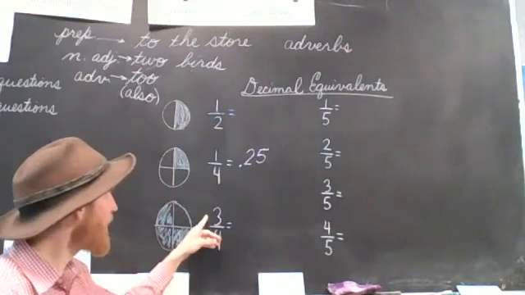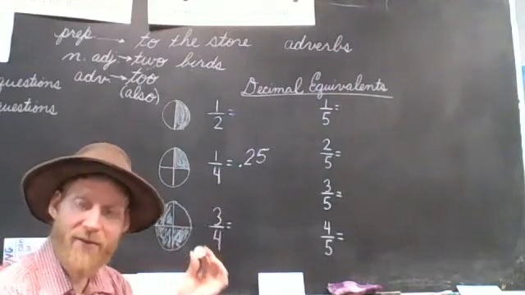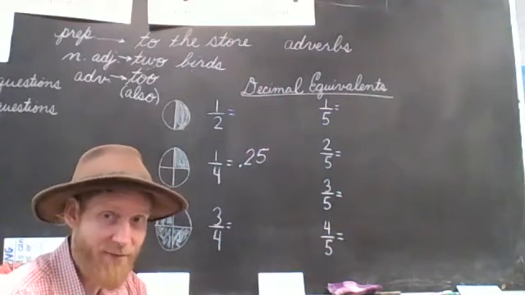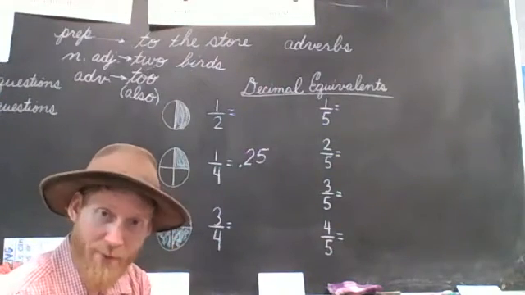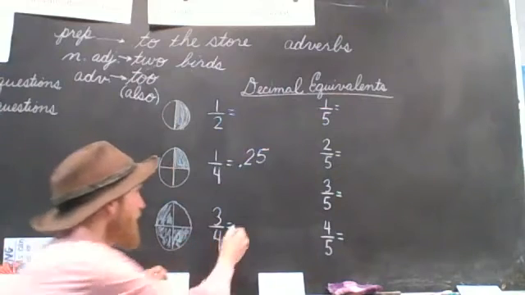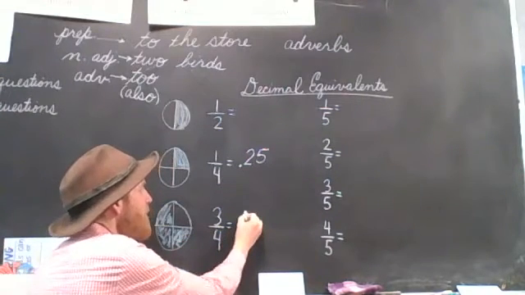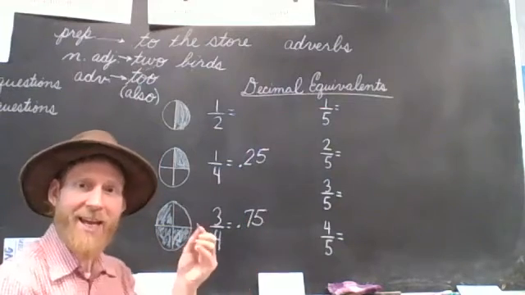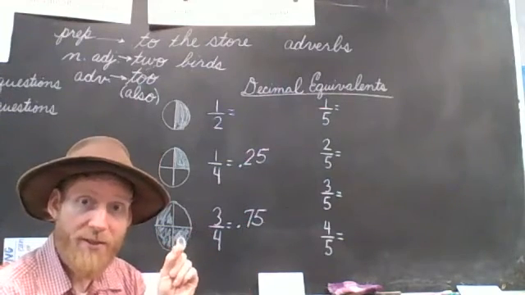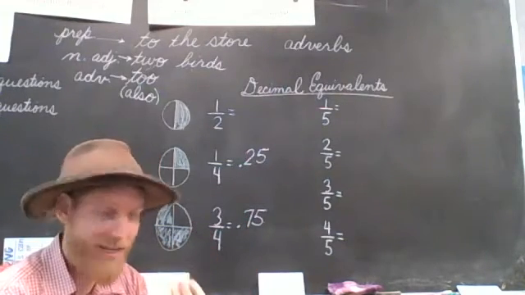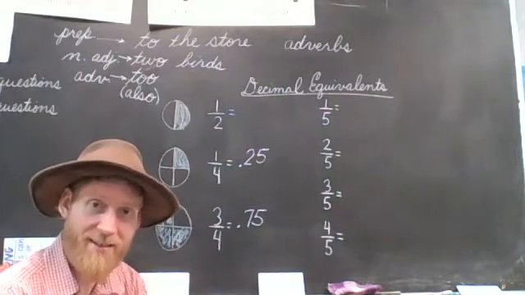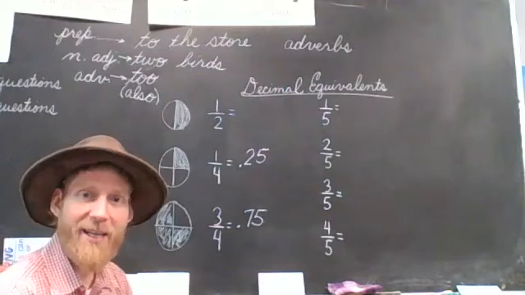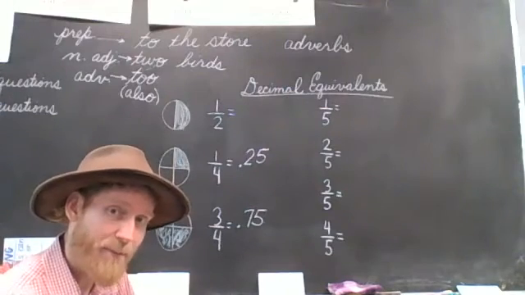So we could say 3/4 is 75 cents, or 25 times 3 equals 75. And you are going to memorize for 3/4 the decimal equivalent, 0.75. Again, if you think of quarters, this won't be hard. You can think of 3/4 as 75 cents or 0.75 and memorize 3/4 equals 0.75.